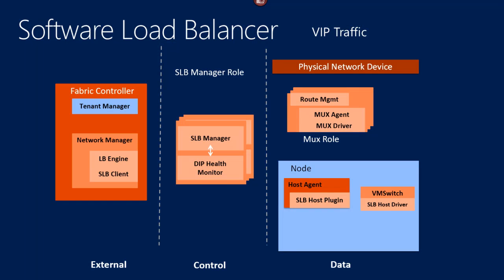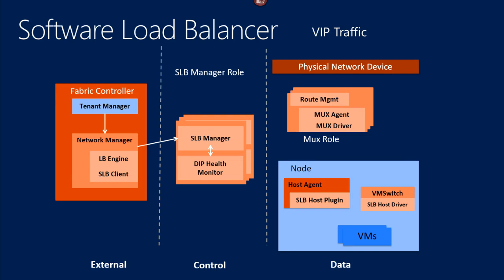The Fabric controller is responsible for deploying an application. So once it's decided it's going to create a virtual machine, it needs to go talk to the network manager plugin in the Fabric controller, which is going to talk to the SLB manager and figure out which VIP we want to give to this particular VM. Concurrently, the Fabric controller is launching those virtual machines.